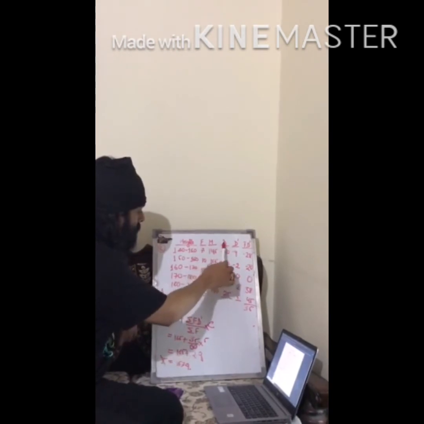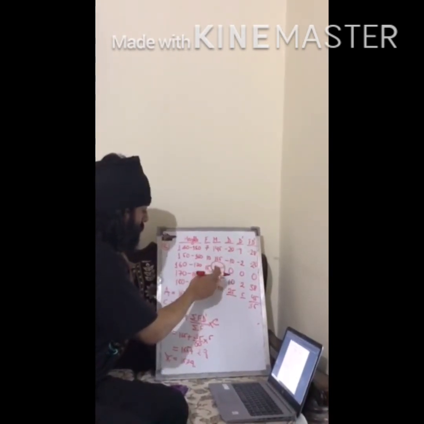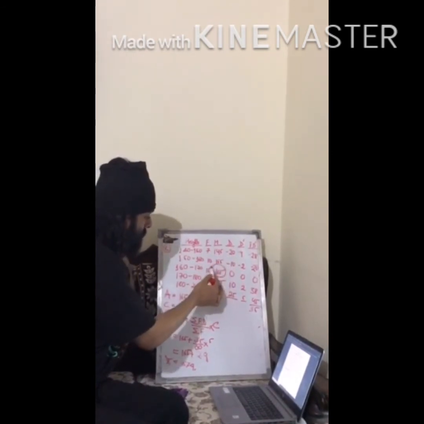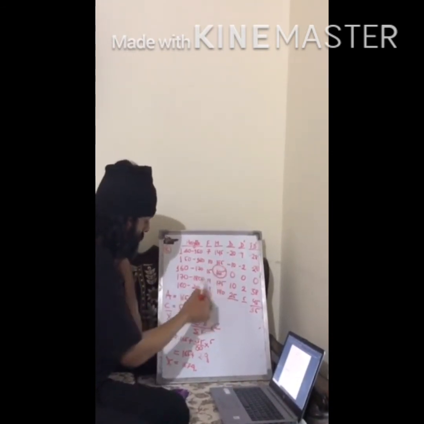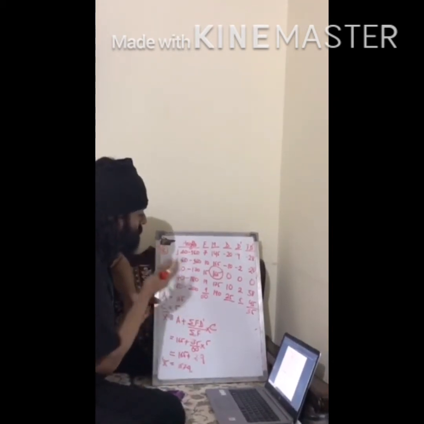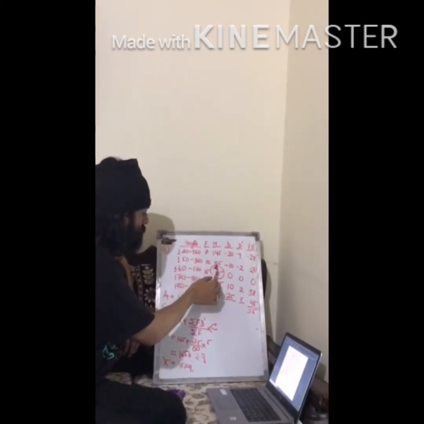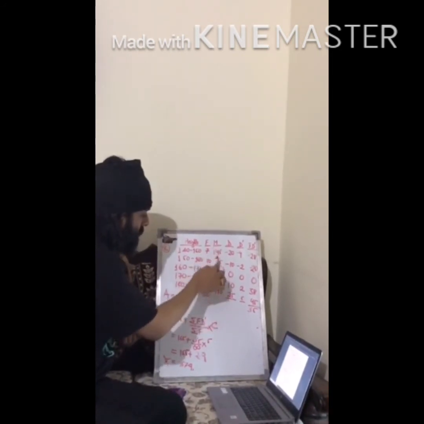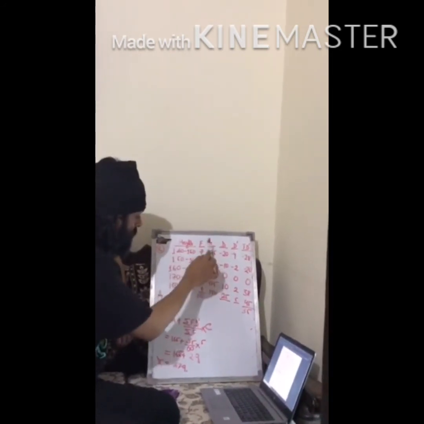Then we find out the deviation. Now from which number do we find out the deviation? The middlemost number we will consider to be A, the assumed mean. So we consider the middlemost number: 1, 2, 3, 4 and 5. There are 5 class intervals given.